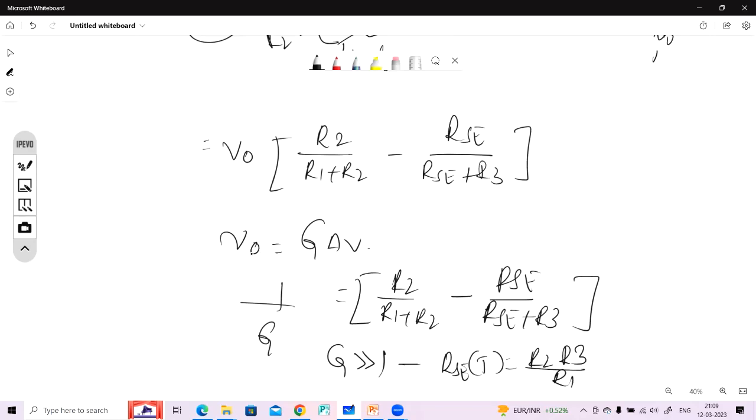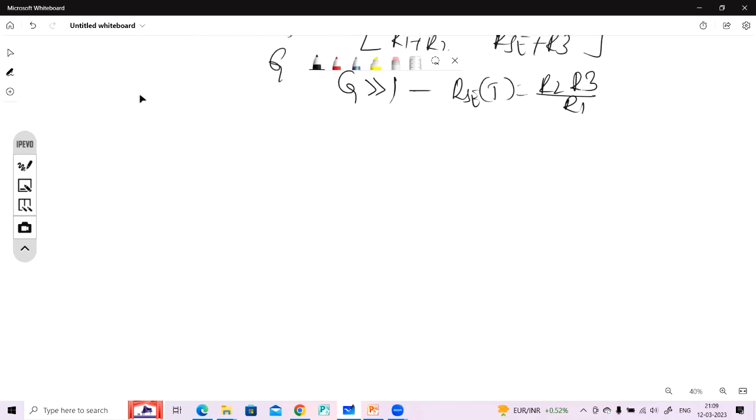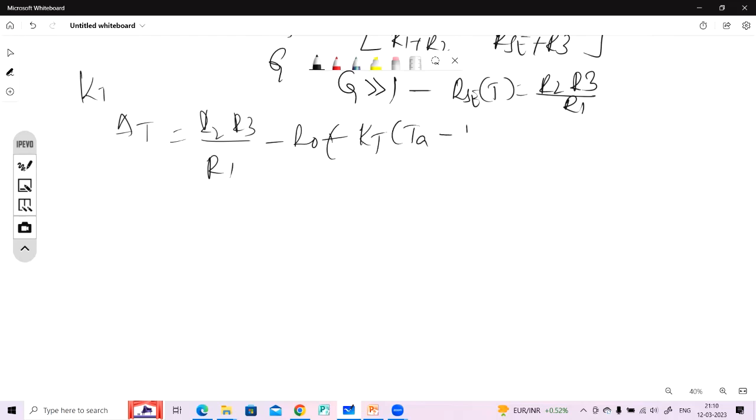And after that, if the constant voltage is specified, that is Kt equal to dou of T equal to R2 by R3 divided by R1 minus R0, R0 plus Kt of TA minus T reference, where R2 Kt of R3 divided by R1 equals Kt.